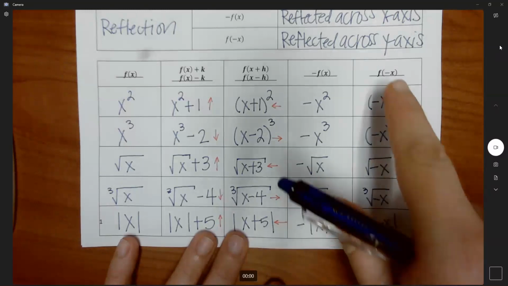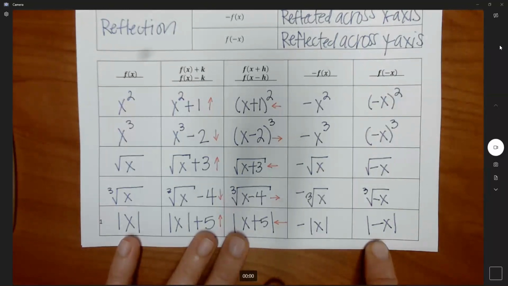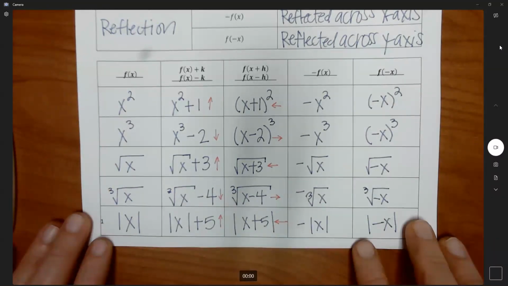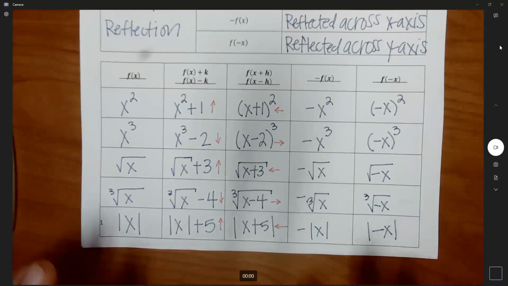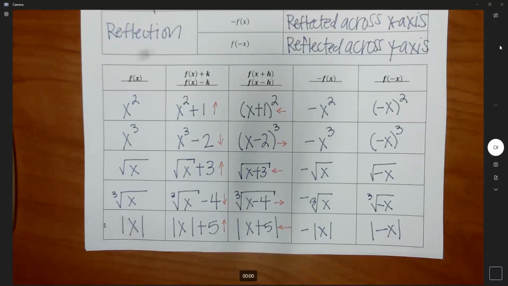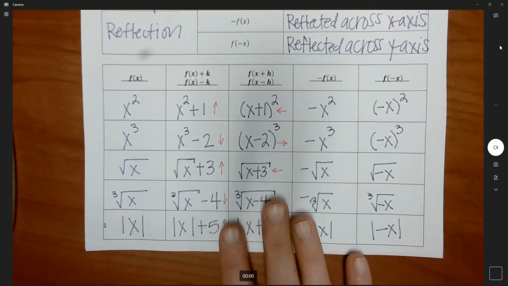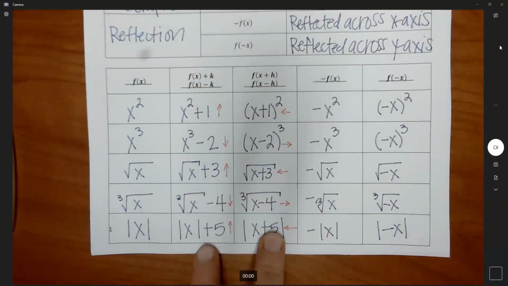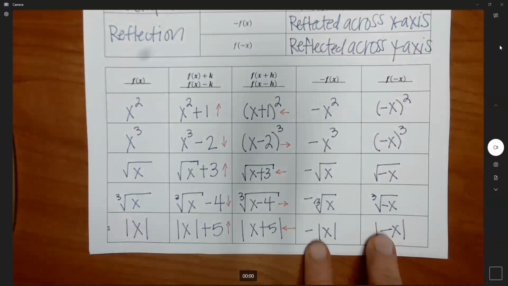Outside the function, inside the function. If you understand this chart and how it is different, this is an easy lesson. If you don't understand how these two columns are different, you need to rewind the video or come talk to me.